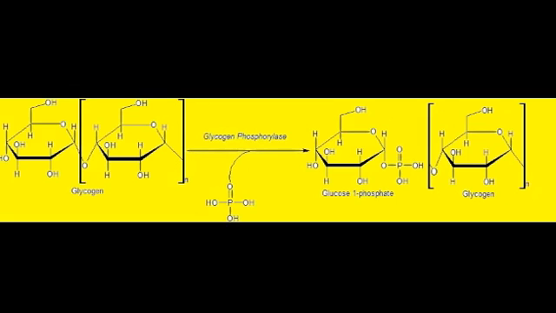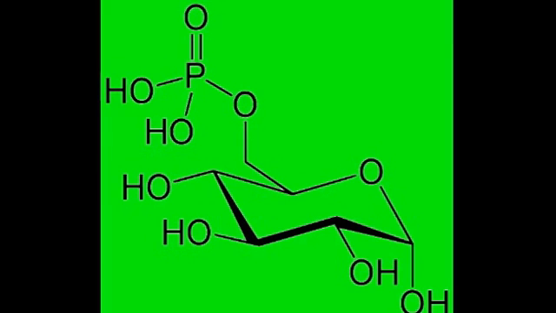So you end up having glucose, just that it's glucose 1-phosphate. So it's already got a phosphate group, which will then be necessary for glycolysis and for the synthesis of new ATP. So it's actually saving energy by doing this.